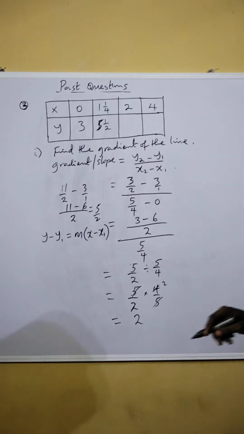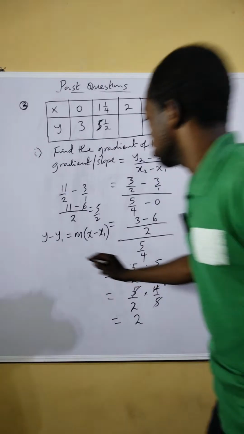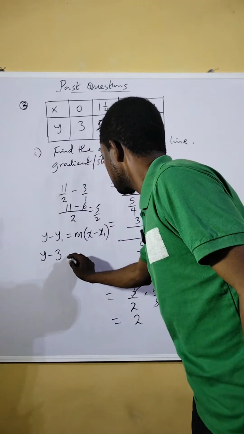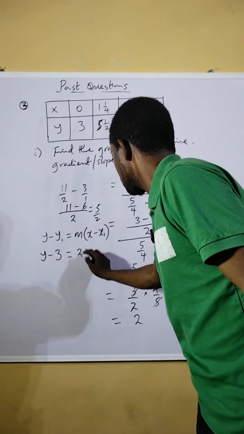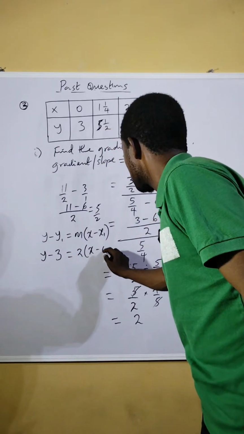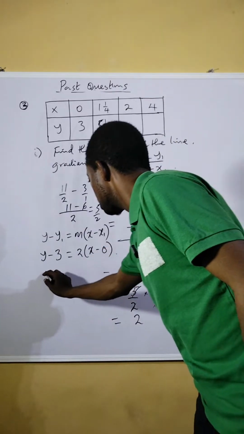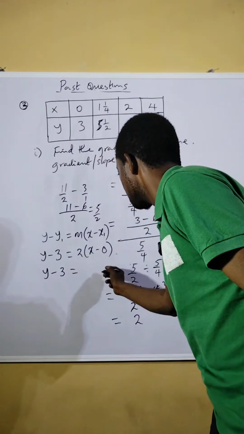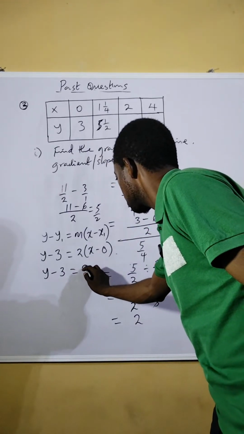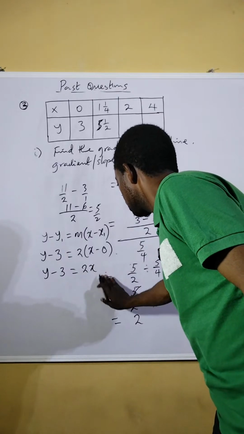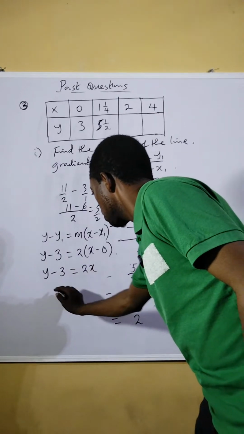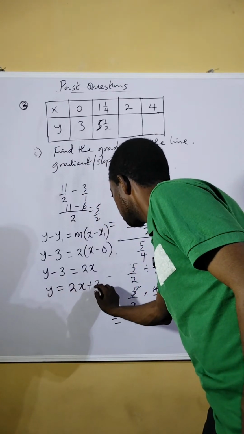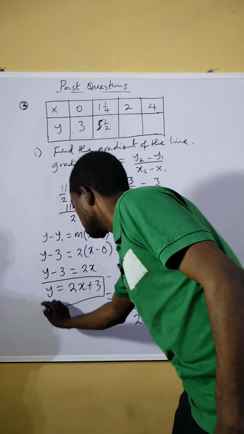Here we have y minus y1, that's 3, equals m, that's 2, into bracket x minus x1, that's 0. This implies y minus 3 is equal to 2 times x minus 0, that's 2x. Then we take the 3, minus 3 becomes plus. So y is now equal to 2x plus 3.